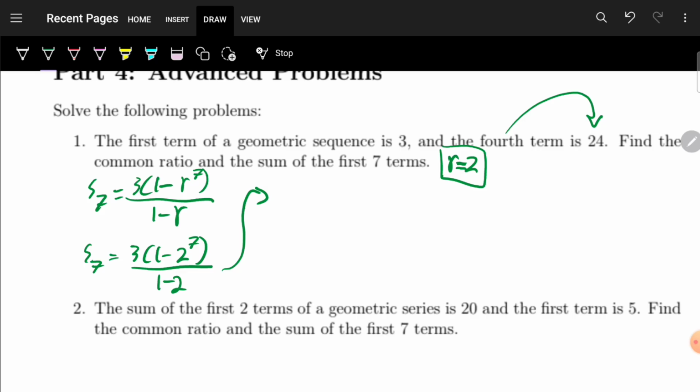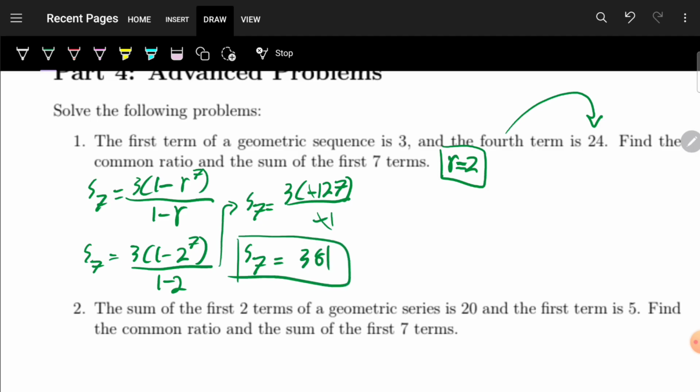So we have 1 minus 2 to the 7, so that's 3 times negative 127, all over 1 minus 2, which is negative 1. So the negatives here cancel out, and we get that S7 is equal to that times 3, which is 381. Okay, so that's the answer for that problem.